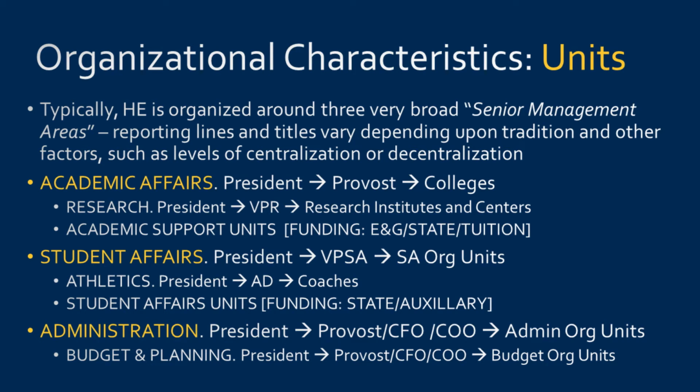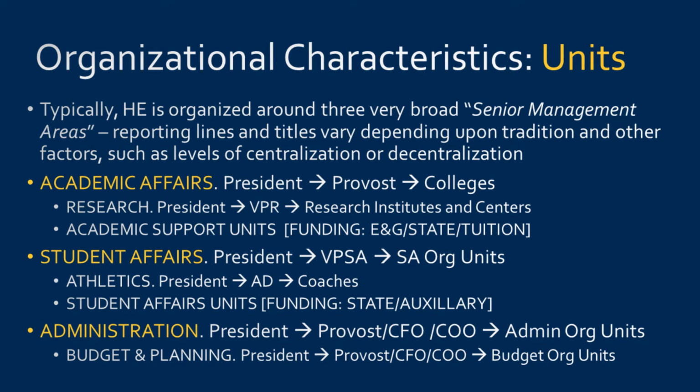The next area is student affairs. And often, not always, but often, there's a reporting line between the president and either the provost and then the vice president of student affairs, or the president directly to the vice president of student affairs, and then all of the many different student affairs organizational units.